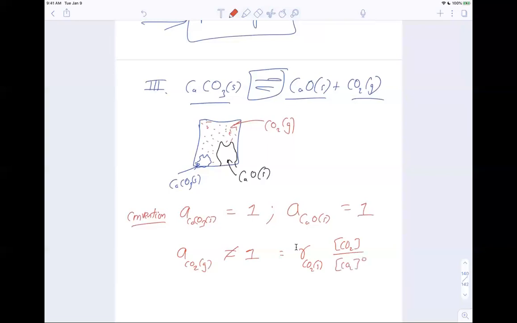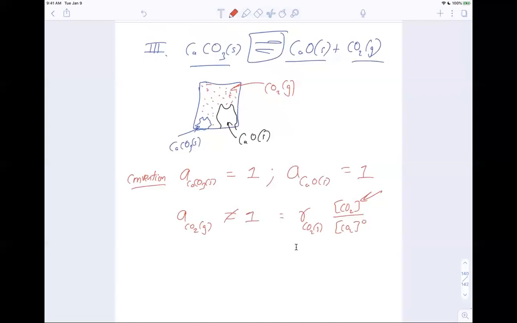Of course, we'll have pure CO2, but we'll have some concentration of CO2 that we can use here. Or you can reformulate the CO2, if you consider it an ideal gas, as a partial pressure, or the pressure of CO2 above the system. Because if you treat this as an ideal gas, you know that you can always get concentration for an ideal gas in terms of the pressure of the gas. Okay, great.